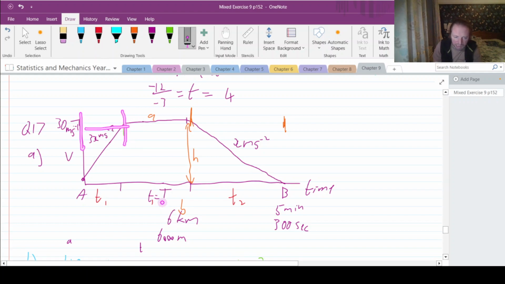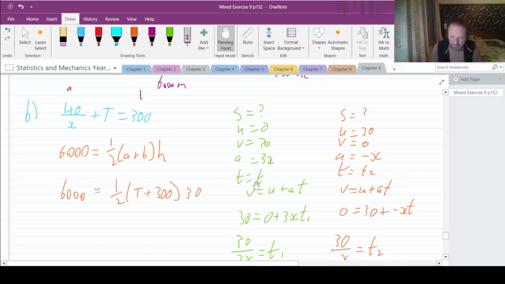Then we know the distance that we've got to travel in here, which will allow us to find the other t at this 30. So first things first, let's use the green SUVAT to find distance. We'll use the one which doesn't have time in it, which is v squared equals u squared plus 2as.